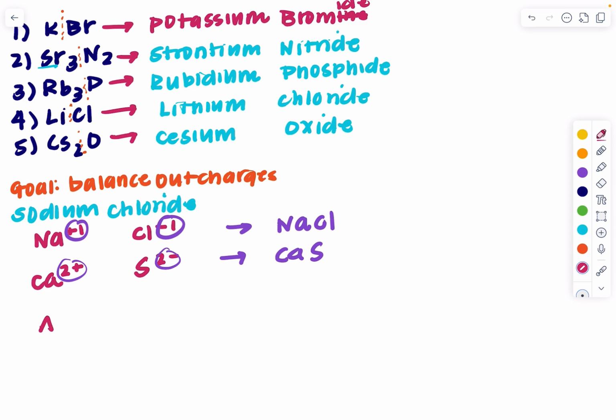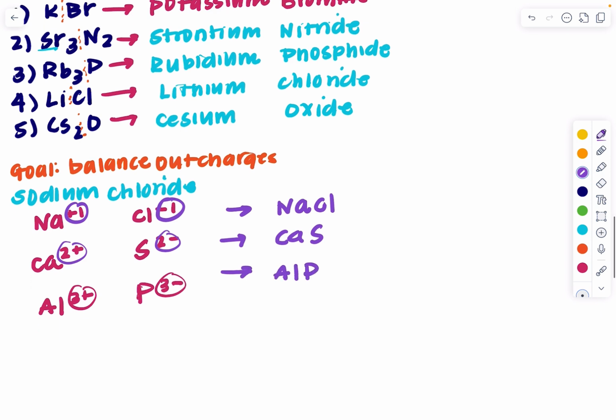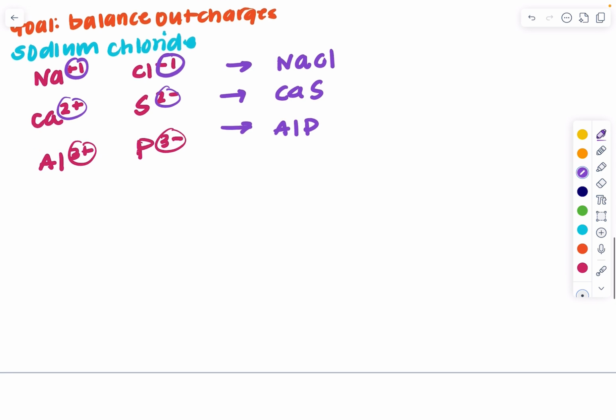And if we want to go even more in depth and do ions that have a +3 and -3, we can do aluminum and phosphorus. Again, charge is balanced. It's a 1-to-1 ratio of charge. It's AlP. Where it gets a little bit tricky is if these charges are not the same. How do we still balance that out?